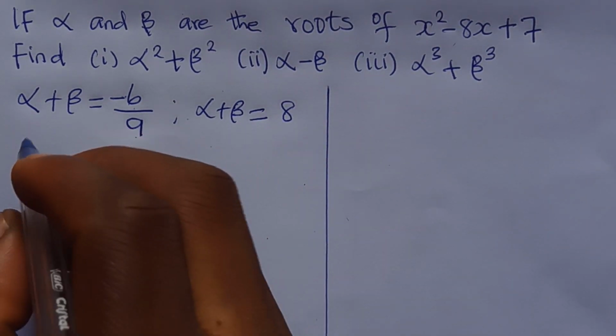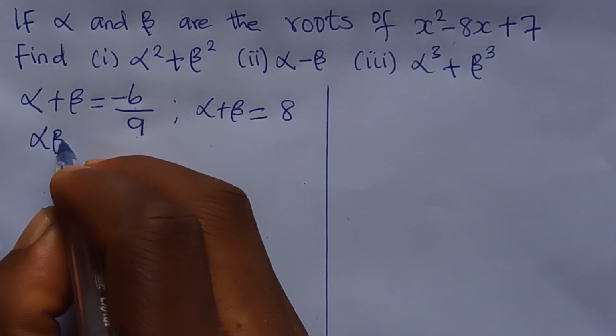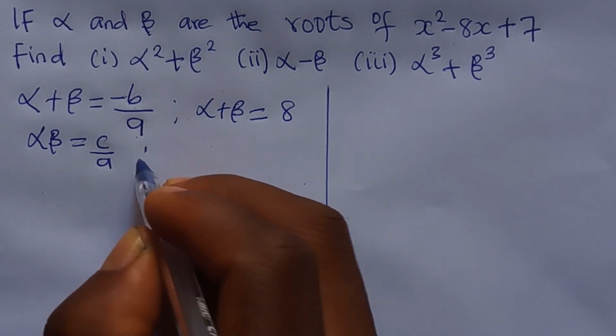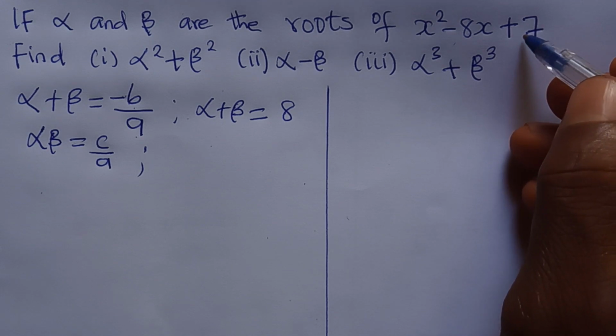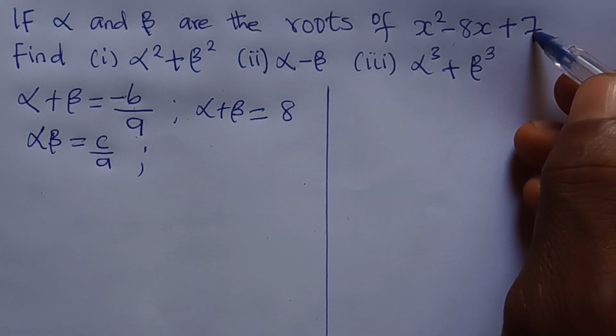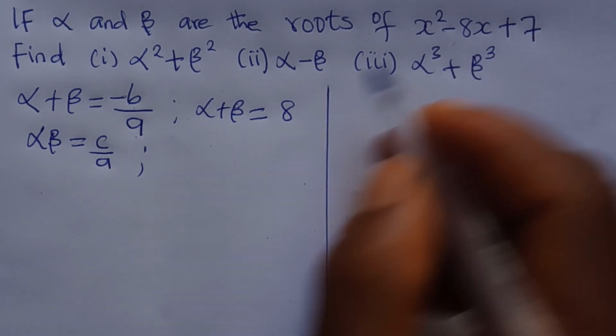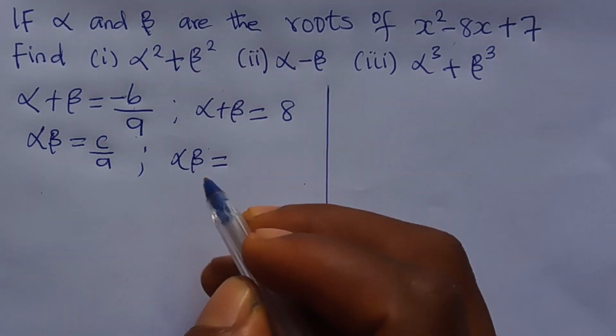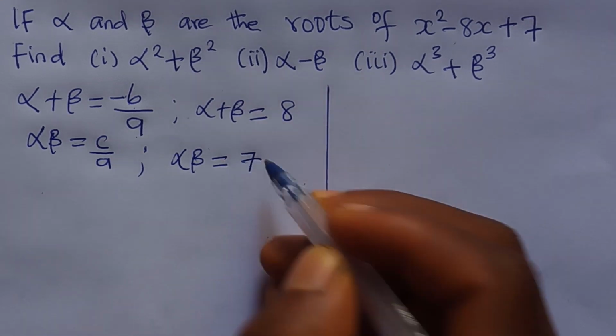Then also in the video, we said that alpha multiplied by beta is equal to c all over a. Then our c from the expression is 7 because that is a constant and our a is 1. So our alpha multiplied by beta is equal to 7 divided by 1, which is 7.